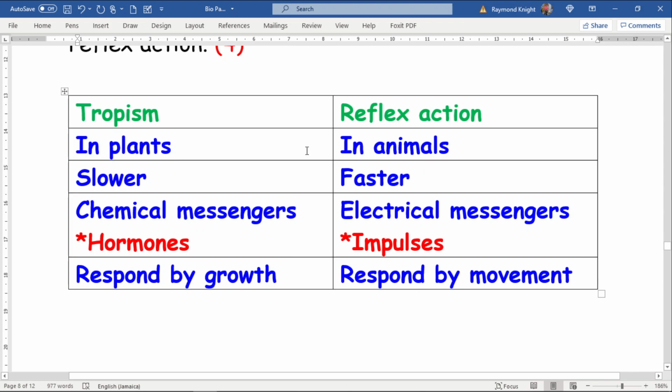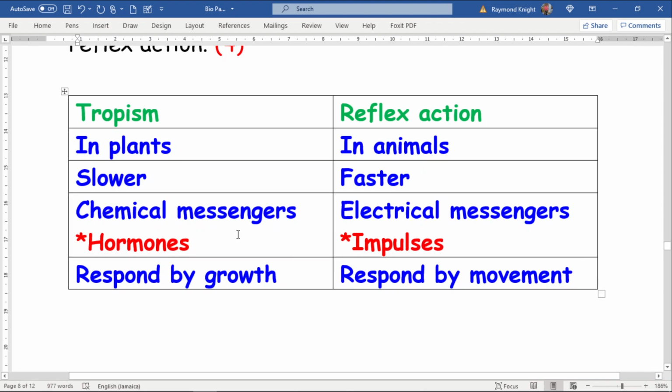And so tropism here and reflex action. Tropism is generally in plants, and reflex actions are generally in animals. Tropism is a slow response, and reflex action is way faster.